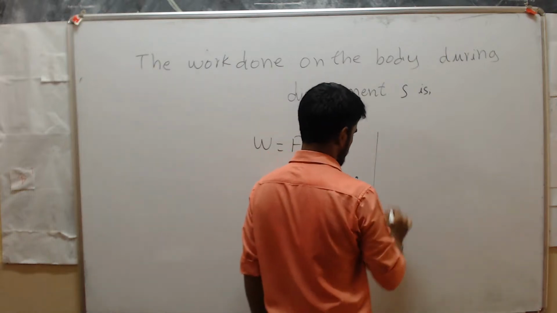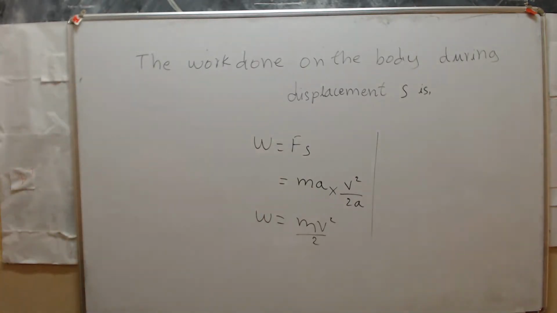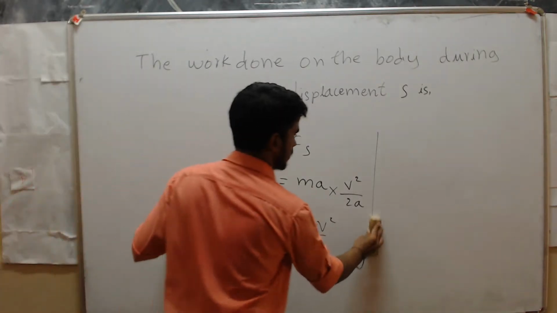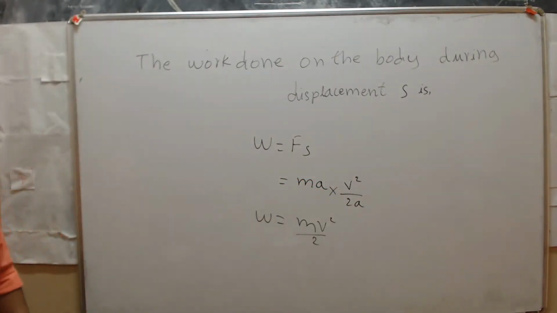So W is equal to m v square divided by 2.